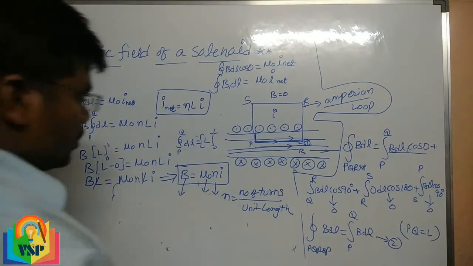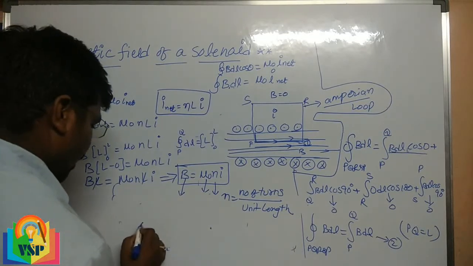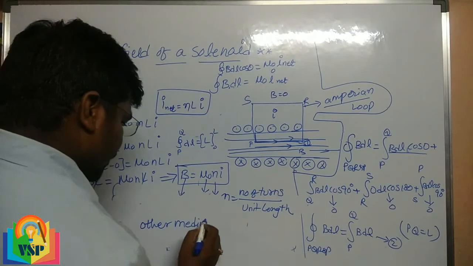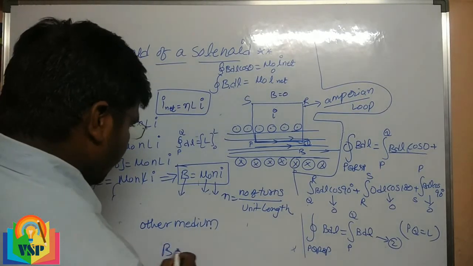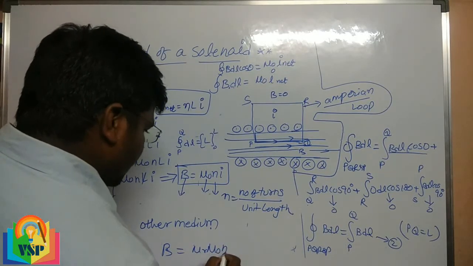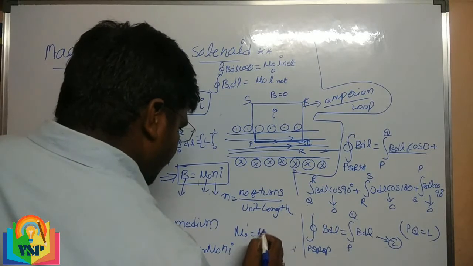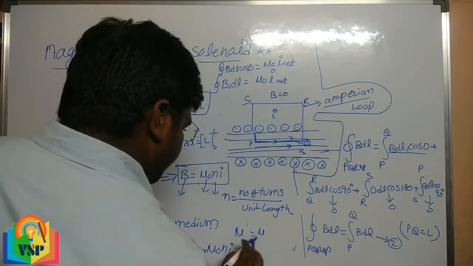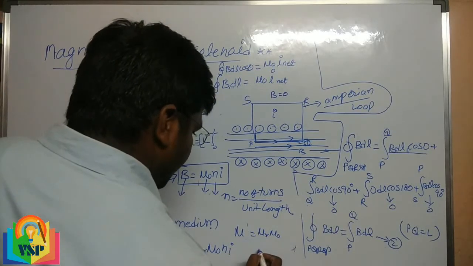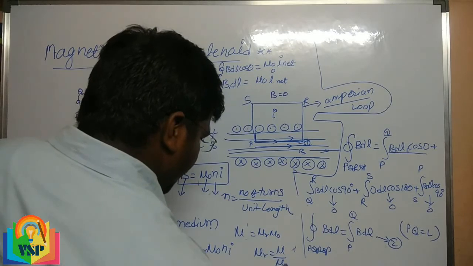So consider another medium, any medium. B is equal to mu r mu naught N I. So instead of mu naught we get mu r mu naught, because mu r is equal to mu by mu naught.